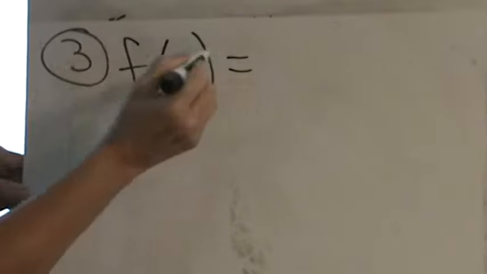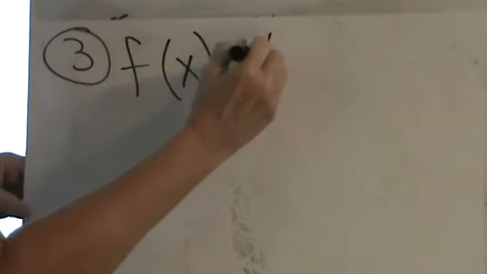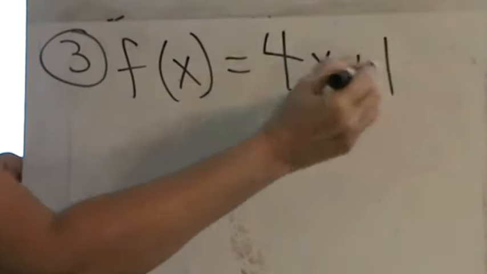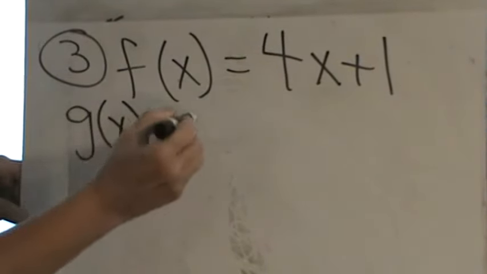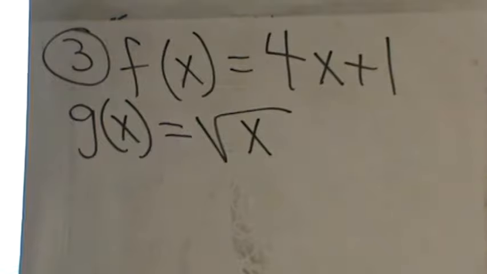And that's pretty much what you're doing in section 2.3. It's just that they changed the functions to make it just a tad bit harder. This time in number 3, the g of x is a square root of x.